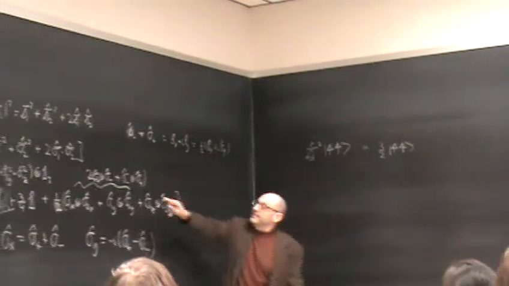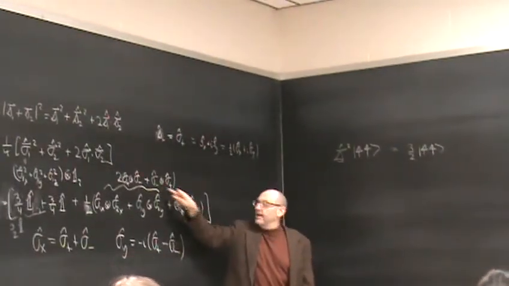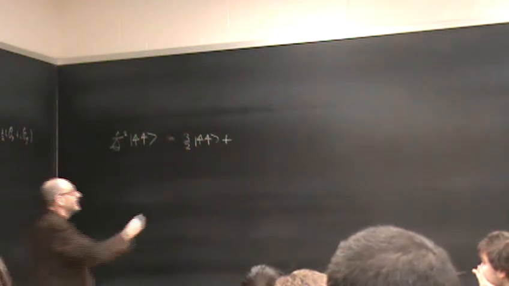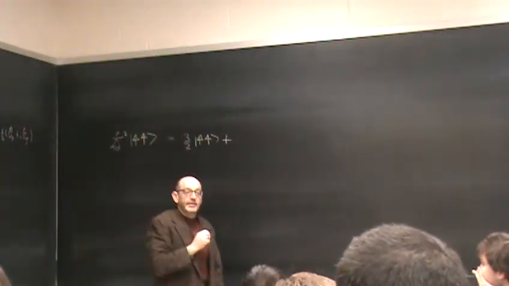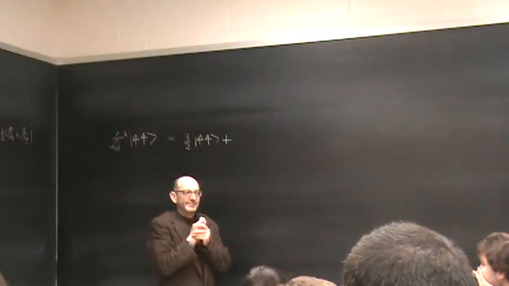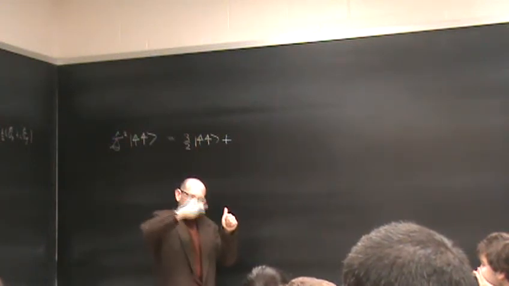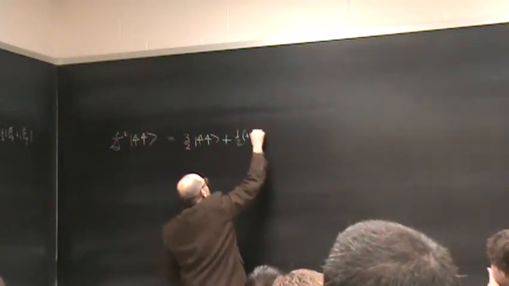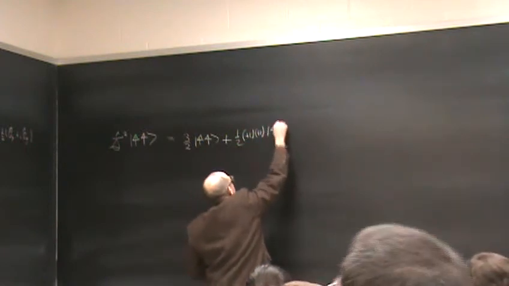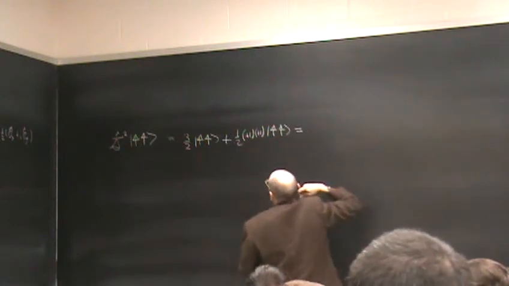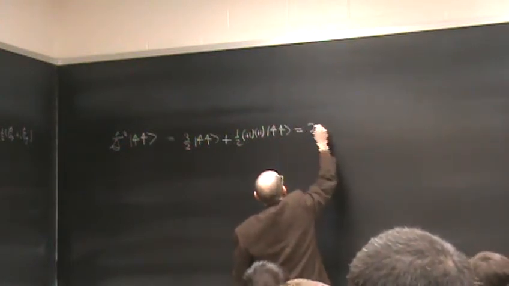Annihilates it. So these guys will annihilate, and then I have this. And what's that value? So that's 1/2 times the sigma z times sigma z. And what's sigma z on spin up? +1, right? Because we got rid of the 1/2. Right? So this is 1/2 times +1 times +1 times up. So that's equal to 3/2 plus 1/2, so that's 2.